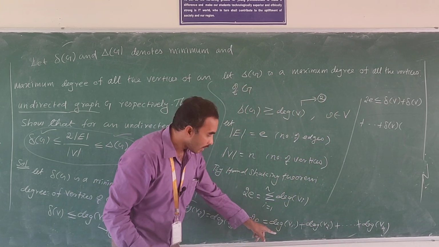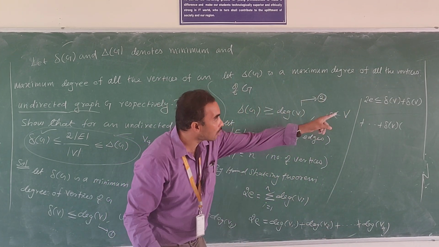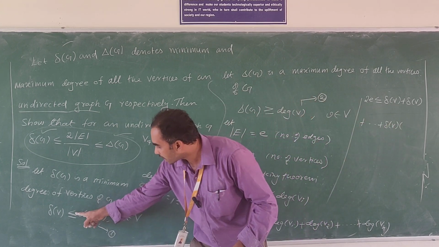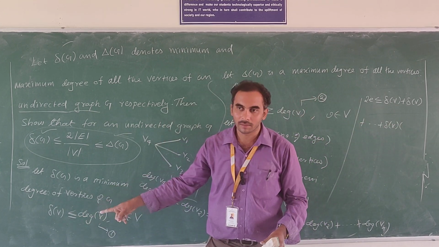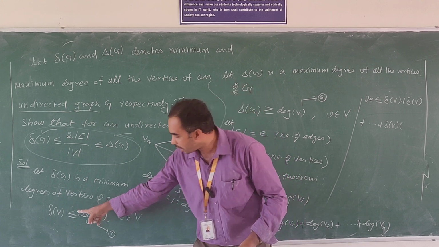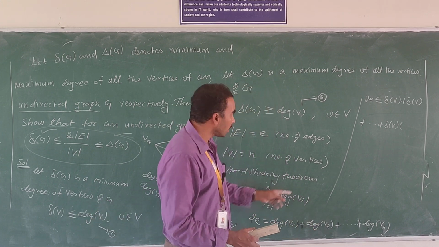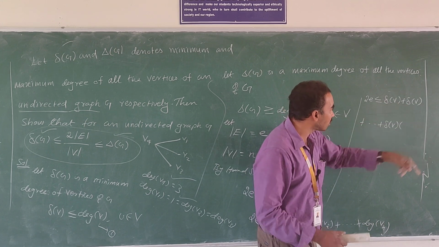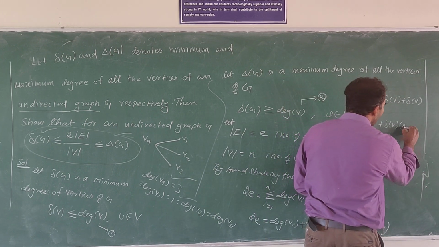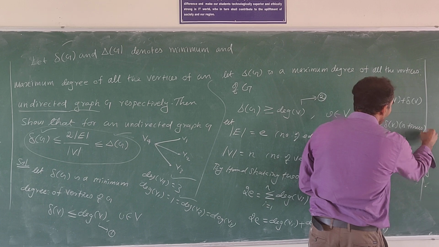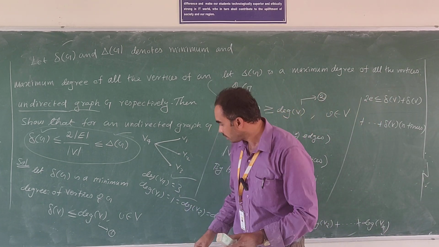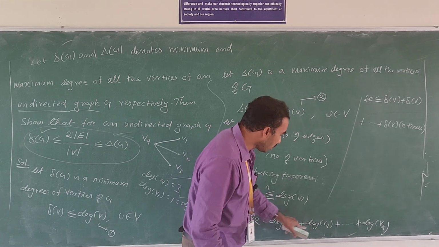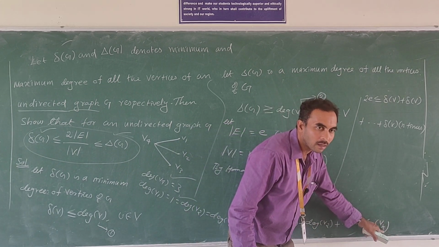How many times? Actually degree of V1 is not equal to δ, but less than or equal to δ, so we use the less than or equal to symbol here. How many times? N times. Why is it n times? Because 1, 2 up to n. So n times.